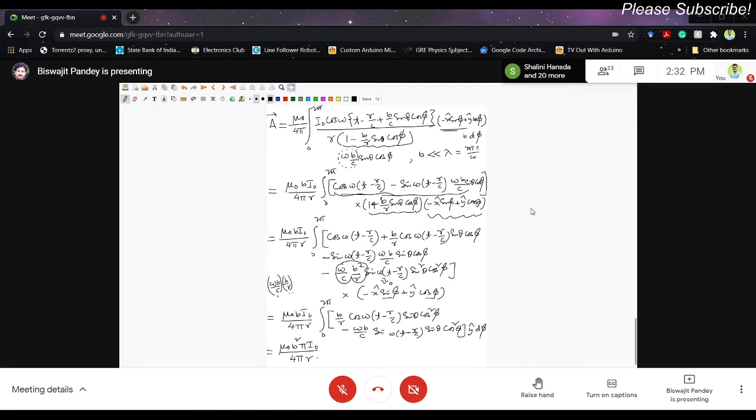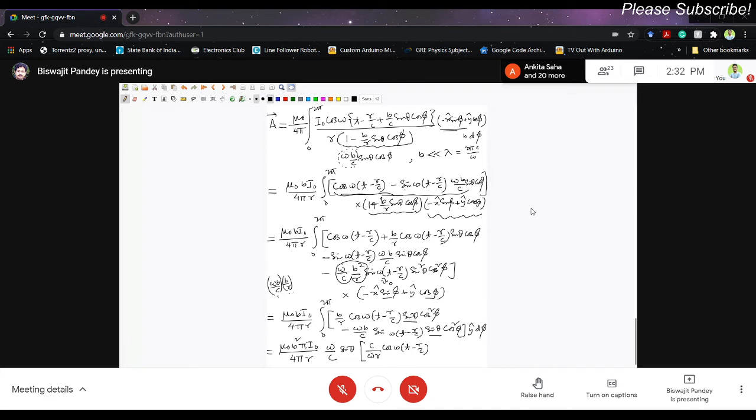And then let us take this common, omega by c. Sine theta is also present in this term, sine theta is there and there, so I'm taking sine theta common, and also omega by c common. If I take omega by c common, I have to multiply by c by omega, right? There is r here, so c by omega r in the first term, and then we have cos of omega t minus r by c. Sine theta is taken outside, cos square phi is integrated, which gives pi.